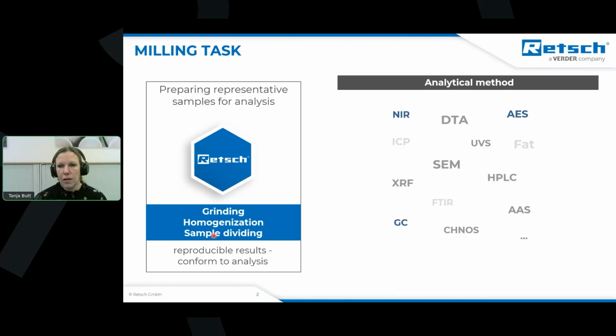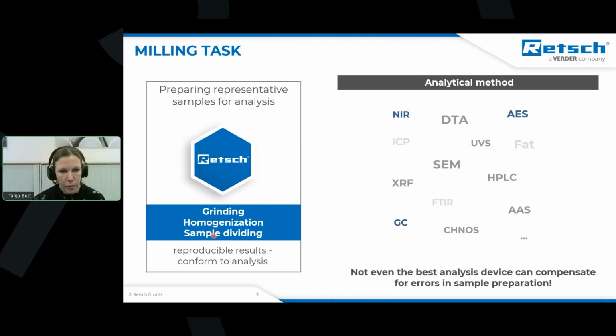Most of the time the analytical method is expensive, the device is expensive, but if you make any mistakes prior to the analytical step, then you cannot compensate for this anymore. So it's extremely important that you pay enough attention to the step before the analytics in order to get really reliable results in the end, which are really representative and reproducible.